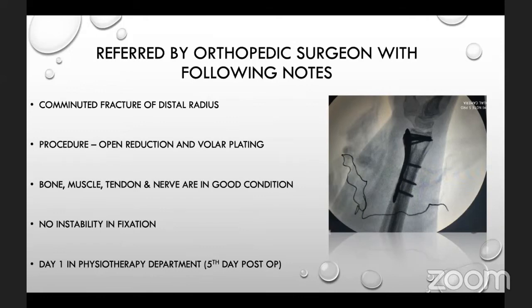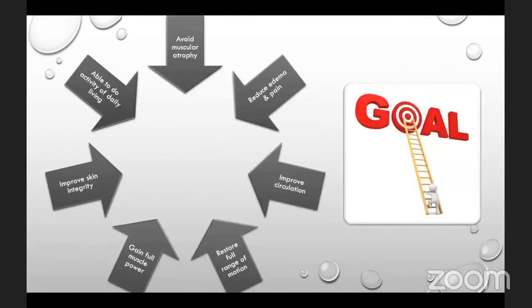The patient came on day one to the physiotherapy department. When the patient came, I discussed with him and set some goals, because he was a non-medical person and I wanted to explain our physiotherapy protocol.